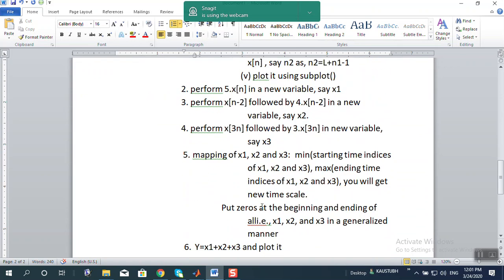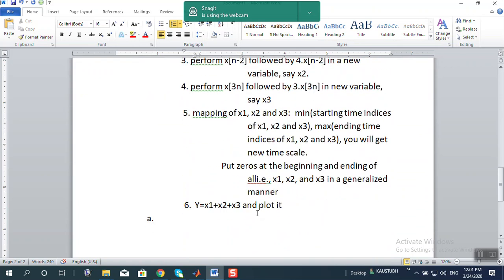Also plot the intermediate results, that is x1, x2 and x3.